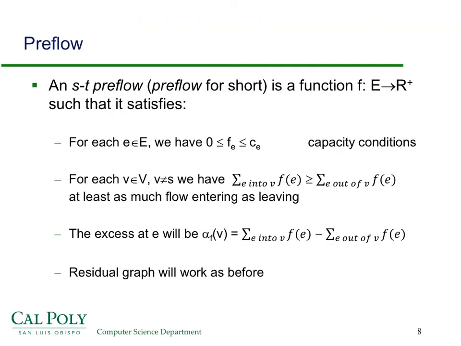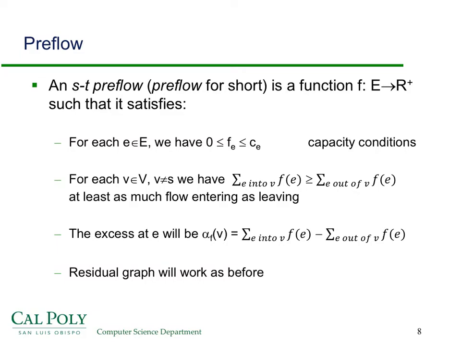So some definitions, and these are important in terms of making sure that the algorithm is going to work. We're going to define an ST preflow, or a preflow for short. It's a function from the edges into the real numbers. And what does it mean? It means that for each edge, we still have our capacity constraints being satisfied.